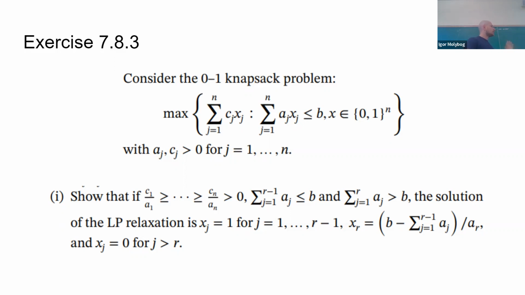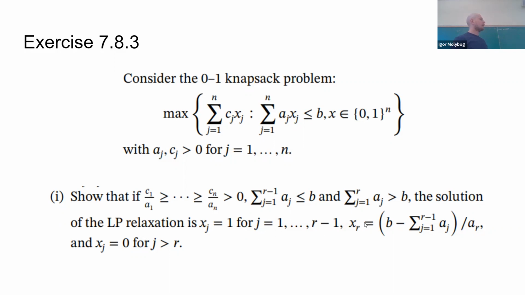And then we are just taking the items one by one. We go through our list of items from 1 to n, and we pick up the items if we still can fit them into the backpack, which basically corresponds to this approach.